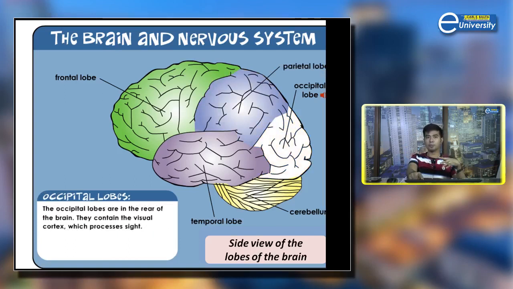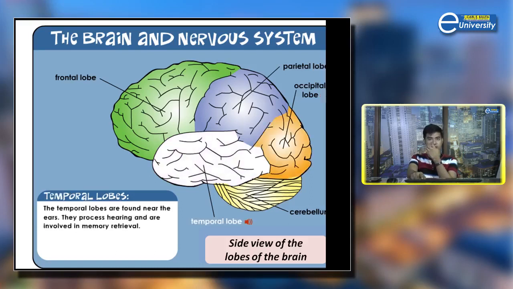How about the occipital lobe? The occipital lobes are at the rear part of the brain. They contain the visual cortex, which processes sight. So if the frontal lobe is for thinking, the parietal lobe is for the sensory, the occipital lobe is for the visual cortex. While the temporal lobes are found near the ears.